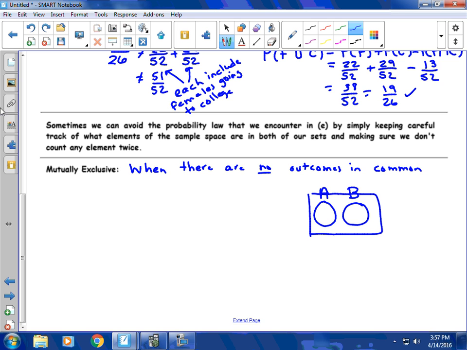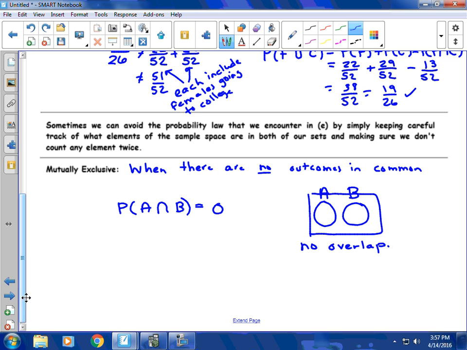A and B are totally separate. And we say the probability of A and B happening at the same time is 0. So for example, if I said, what's the probability that it's Monday or Tuesday? Well, that'd be 2 days out of 7. But the probability that it's Monday and Tuesday at the same time, that's 0. They're mutually exclusive.